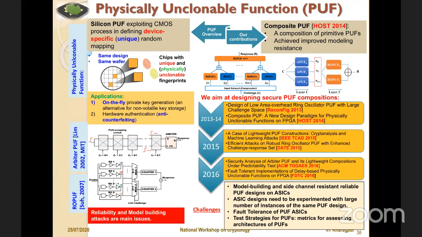But people have developed techniques assisted by popular machine learning methods which try to develop mathematical models for the PUF. The PUF has to be an unclonable device, but if powerful machine learning adversaries are able to learn the responses for new challenges, then it breaks the original promise of a PUF. Therefore you need to make your PUF reliable and also model building resistant.